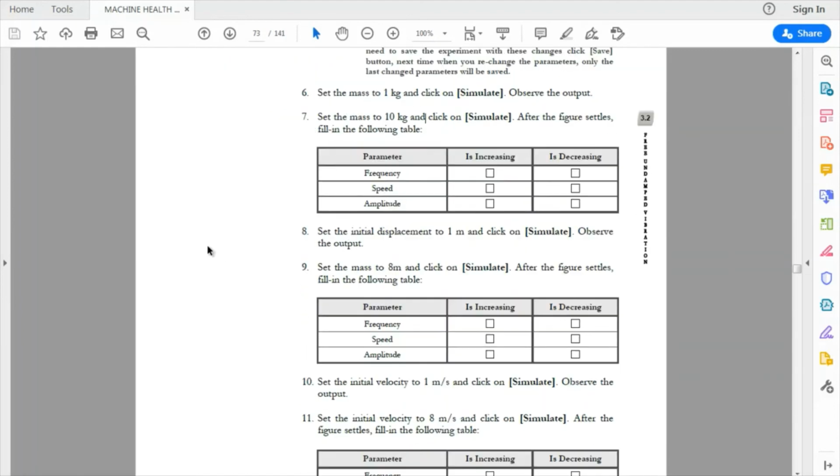What if we select the initial displacement, from 1 to 8 meters? This is a mistake here, so displacement from 1 meter to 8 meters. Let's go back.